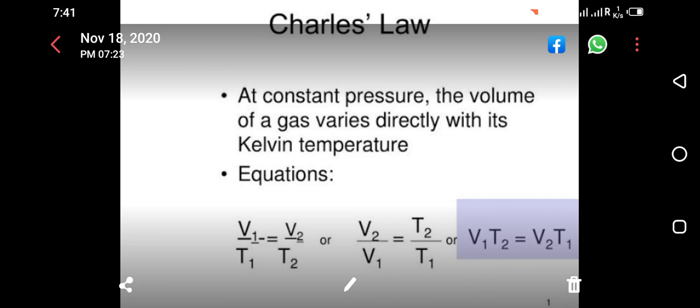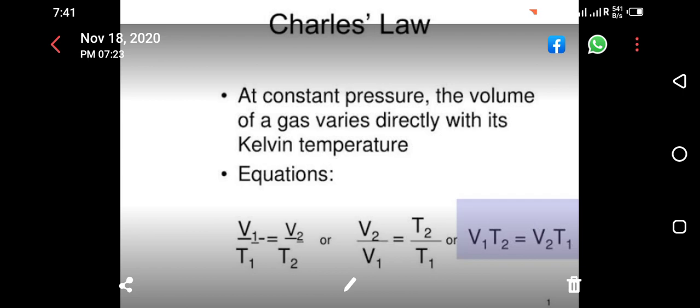Charles's law: at constant temperature and constant pressure, the volume of a gas varies directly with its Kelvin temperature. Kelvin is the unit for temperature. V1 over T1 equals V2 over T2, or V2 over V1 equals T2 over T1, or V1 T2 equals V2 T1.